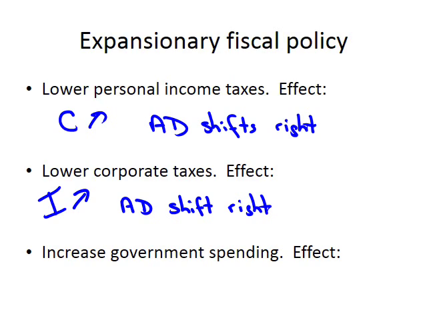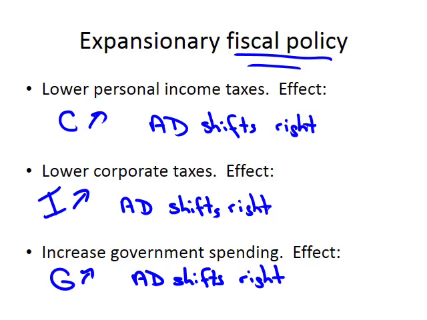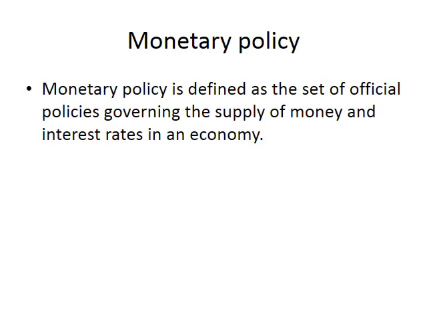And if we were to increase government spending, we know that G would increase, and again, AD would shift right. So again, these are fiscal, to do with taxation, whether it's personal or corporate, or government spending. These are things that we would expect to see in a budget.